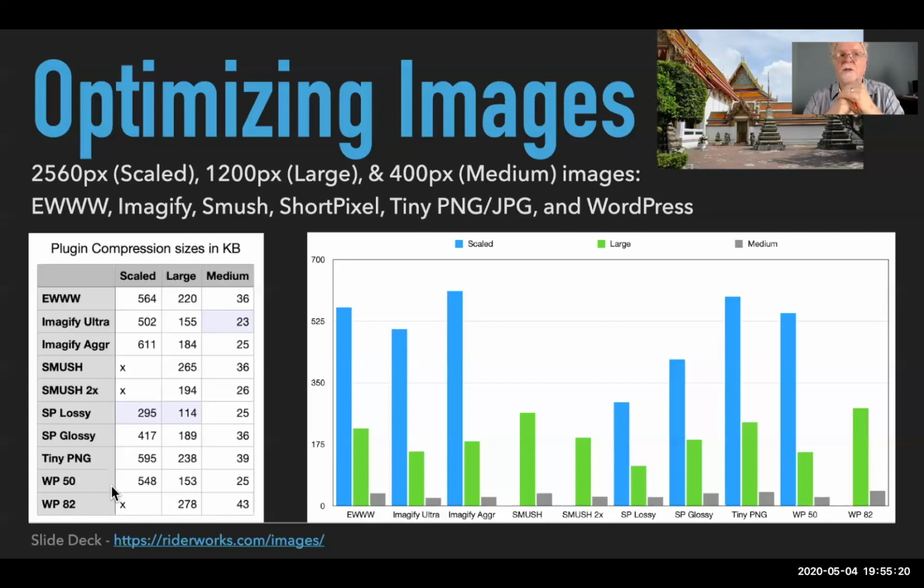Those will start to show more artifacts when you get down sometimes into the lossy format, which is sometimes why I just bump those up to glossy. That's been my experience. The better the image, the more you can compress it, so to speak, without any loss. So I'm going to jump into the next section.